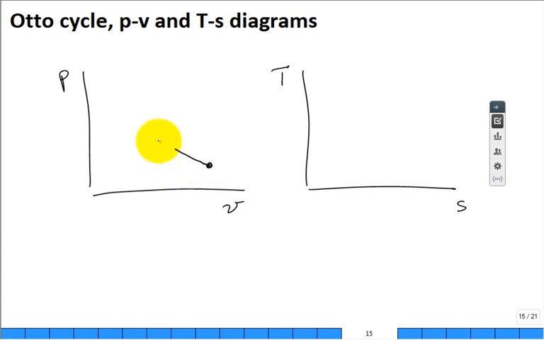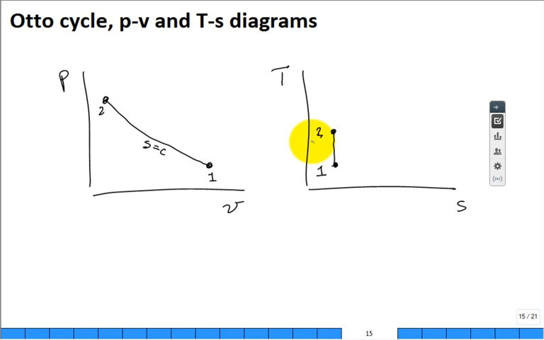We undergo a compression process. It's s equal to a constant, so it goes from state 1 to state 2. All right, let's start state 1 right here on a TS diagram. Constant s, where is state 2 in relation to state 1? Above, straight up. Straight up, there's state 2.